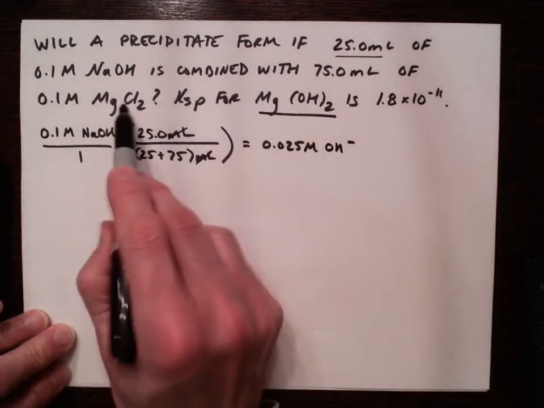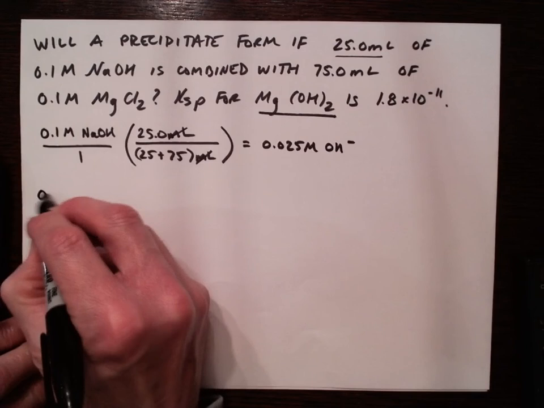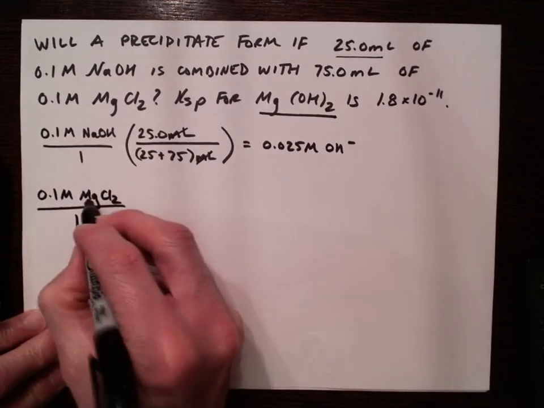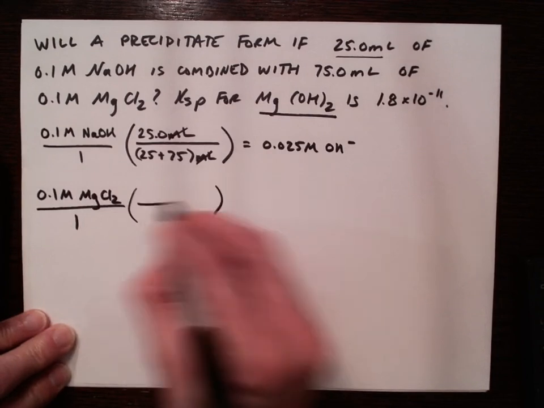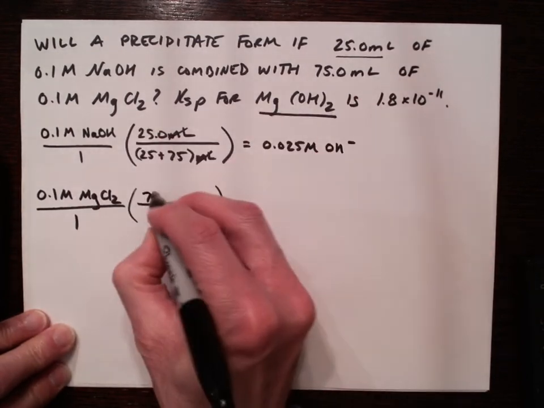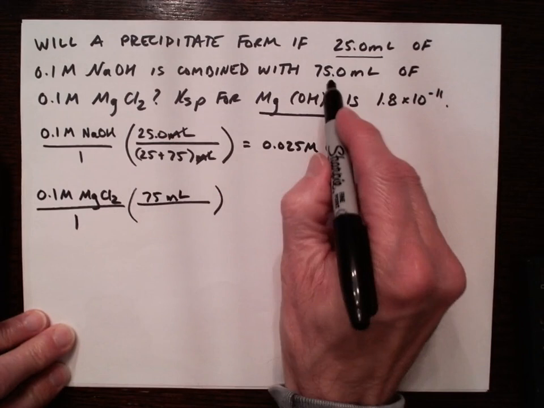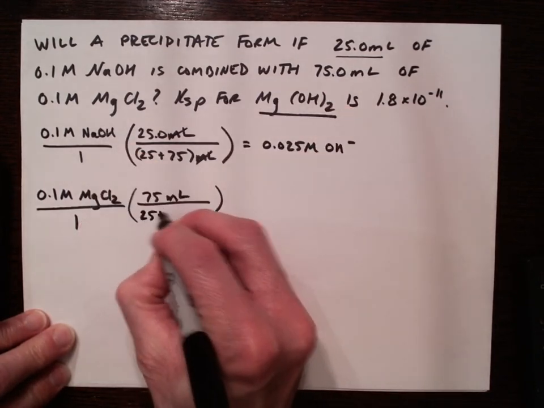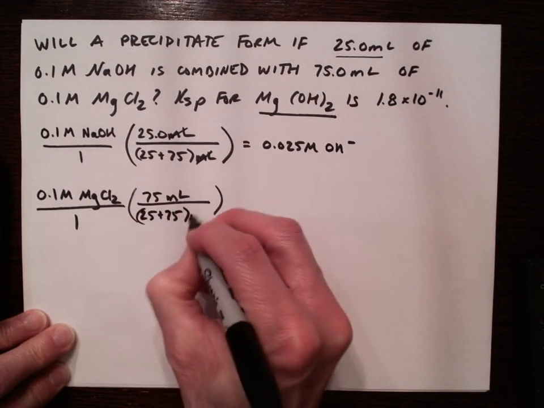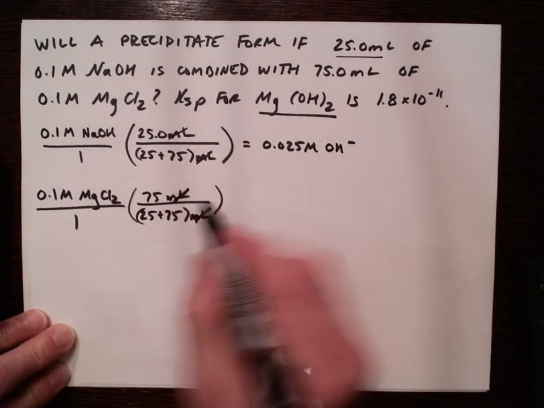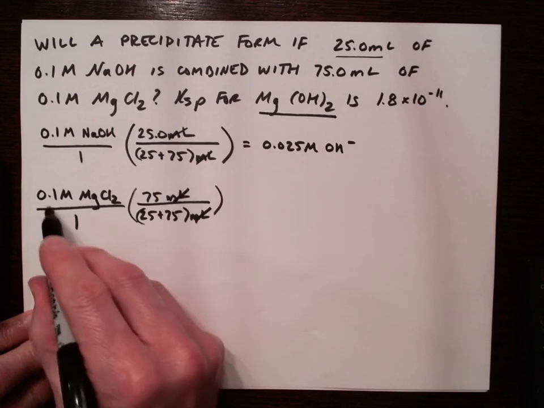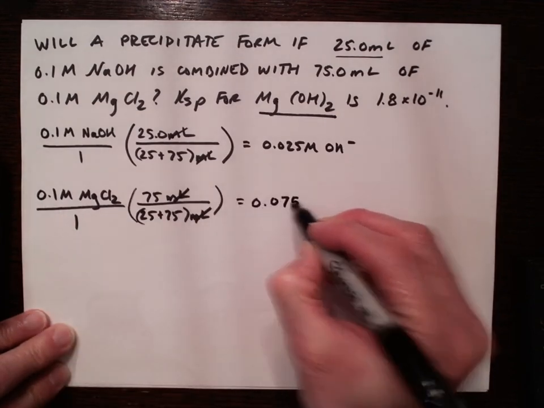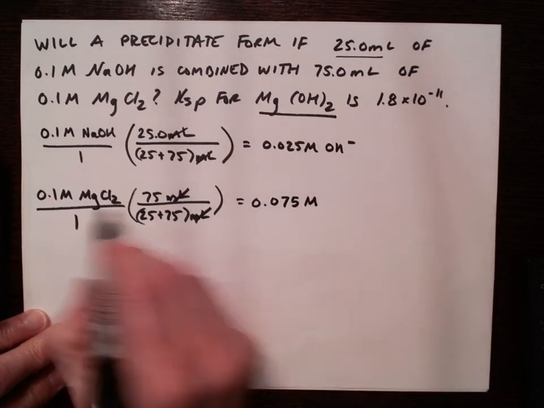Same kind of thing's going to happen here for magnesium chloride, right? I got 0.1 molar magnesium chloride. I'm just interested in the magnesium. I know I'm taking 75 mils of the magnesium chloride solution, but I'm diluting it to a total of 25 plus 75 mils, which is 100. 75 over 100, that's 0.75. 0.75 of this is going to be 0.075 molar magnesium.